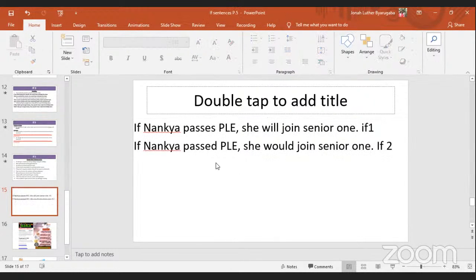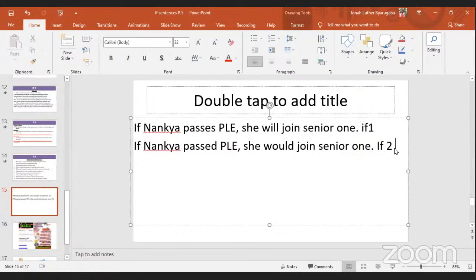That is if two. Now, if three. In if two, the if clause is in the past tense, the main clause is in the conditional present tense. Then we said, this is what is beating you, if three: the if clause is in the past perfect tense, which is had plus past participle.